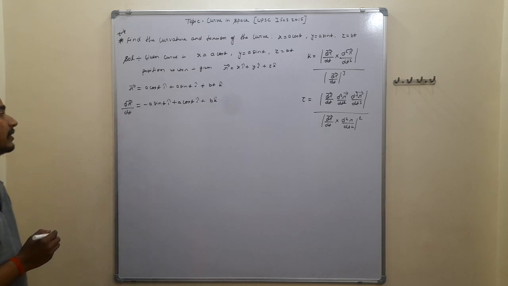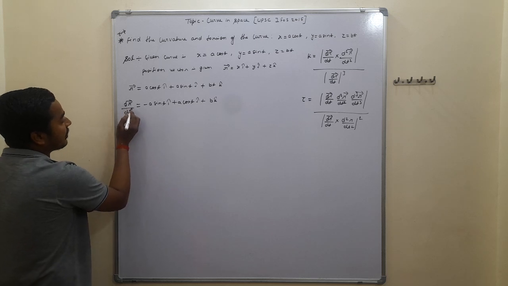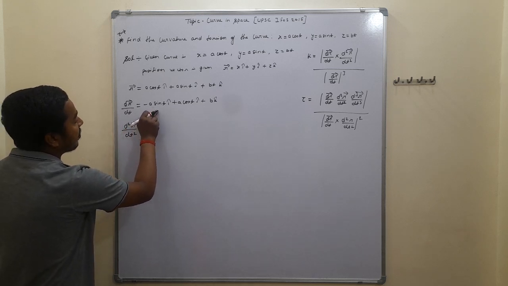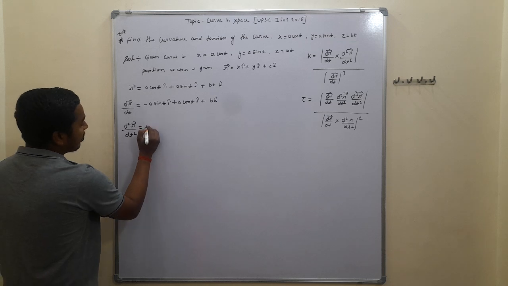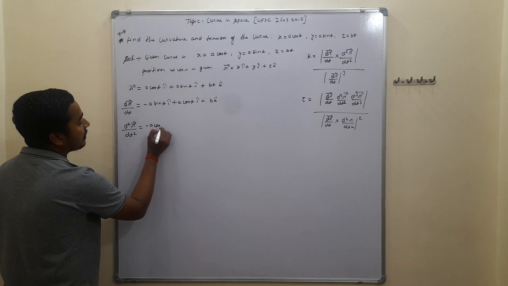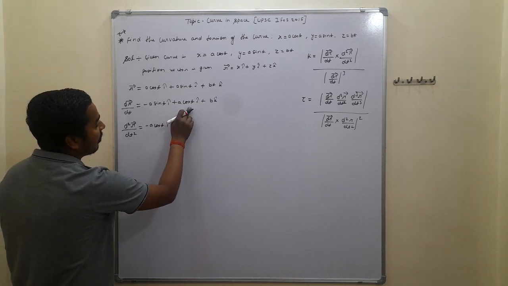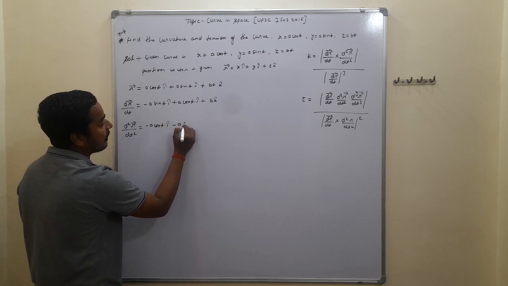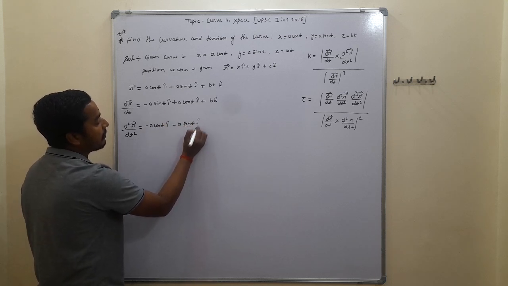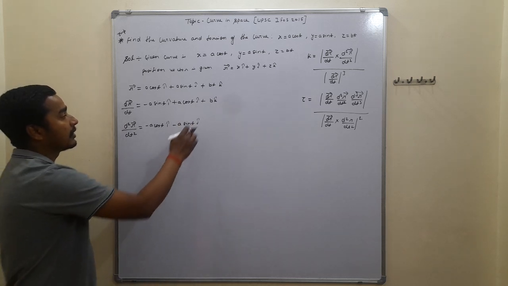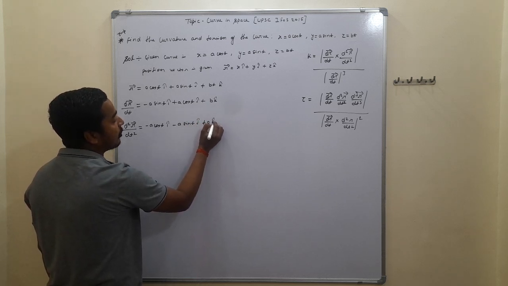Further we find d2r/dt square by differentiating dr/dt with respect to t. Here minus a is constant and sin t differentiated gives cos t, so this is i cap. Cos t differentiated gives minus sin t, so we write minus a sin t j cap, and b differentiated gives plus 0 k cap.